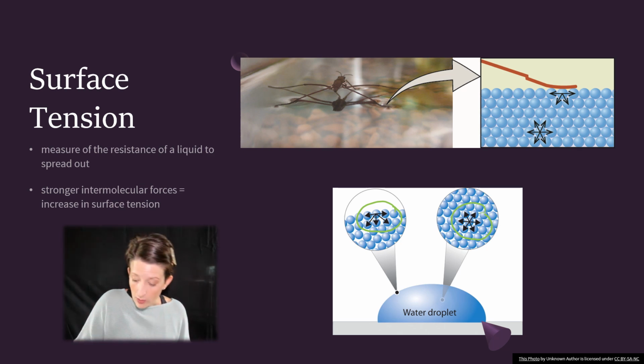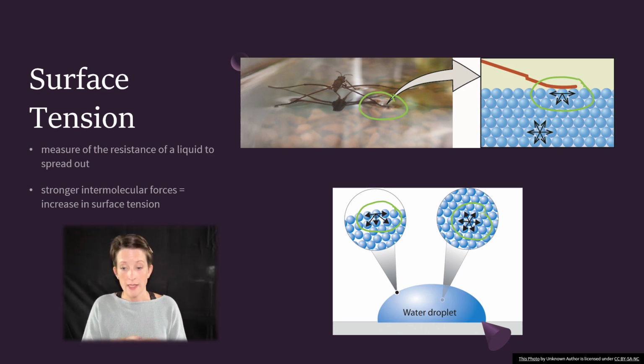And so like a water strider, when it's interacting with the surface of the water, its weight is distributed enough to not break the surface tension, so it can stand on top of the water. But if you put too much pressure, too much weight, or downward force on a smaller surface area, the surface tension can break and then you sink or whatever it happens to be.